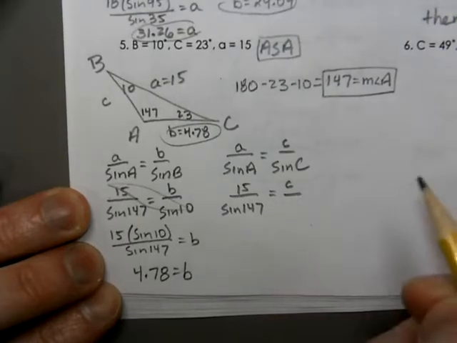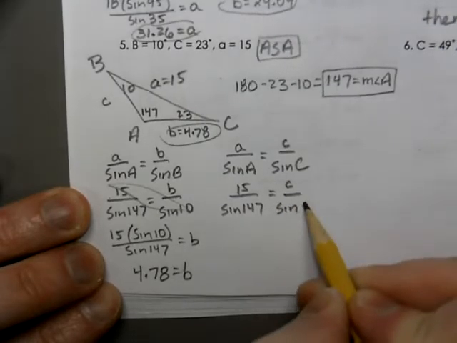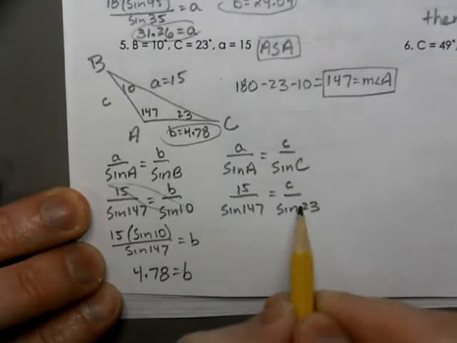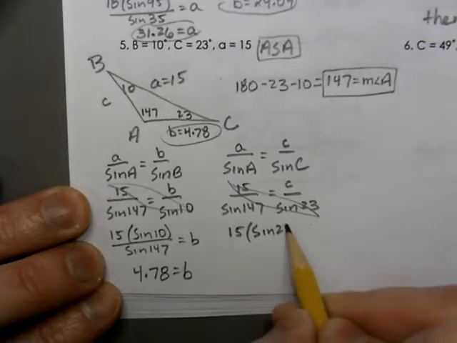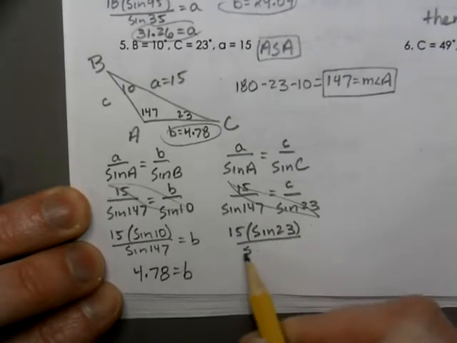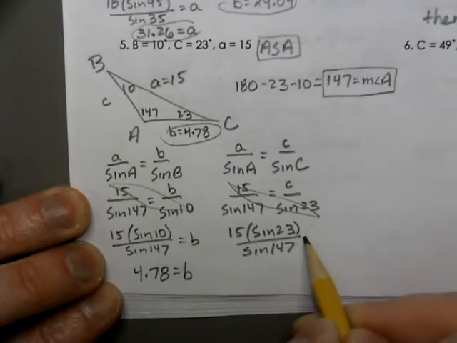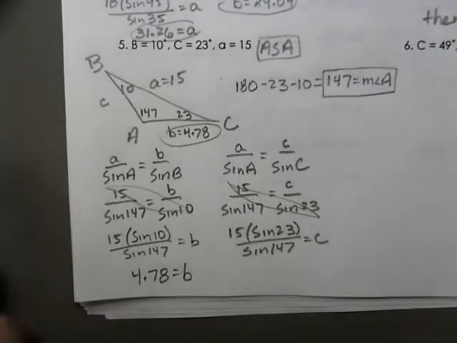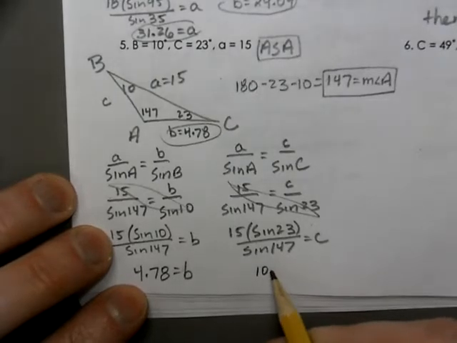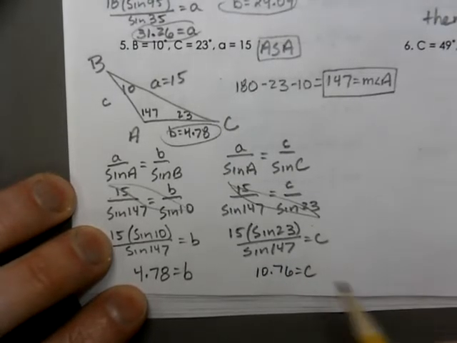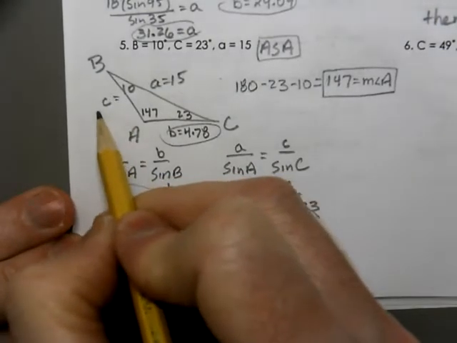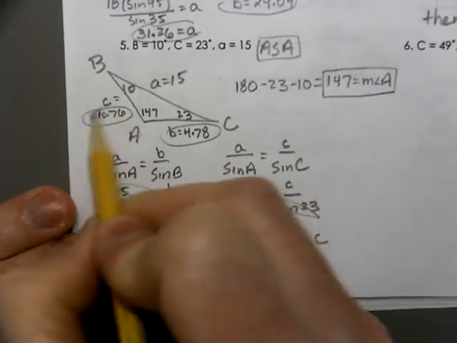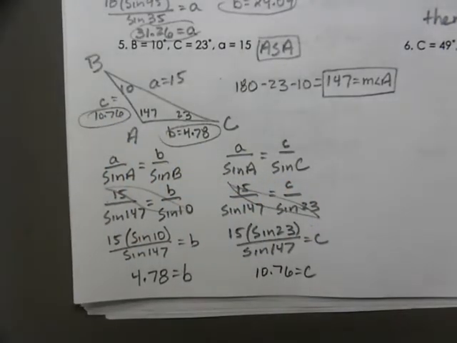We're looking for side C if angle C is 23. So using our calculator, we should come up with 10.76. So that solves for all three angles and all three sides.